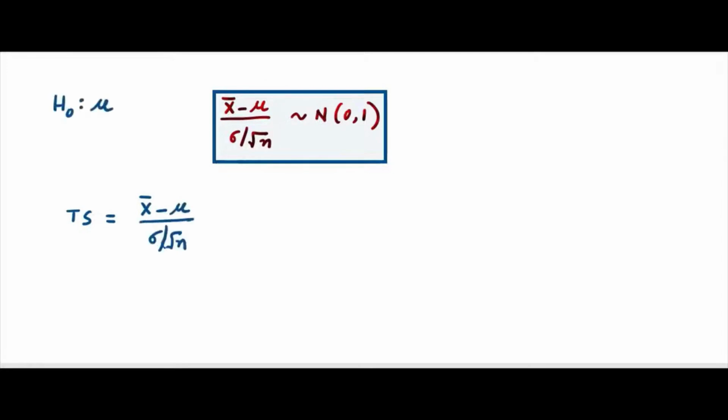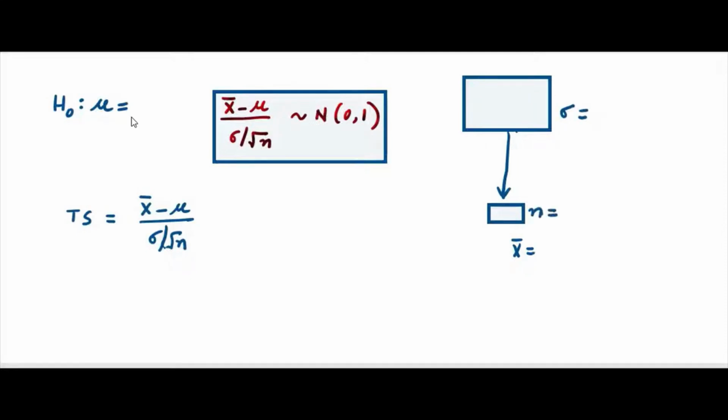We set mu, and this is our population, and we take our sample, and from the sample we find x bar. Suppose we know sigma as well, so we know sigma, we know the sample size, and we know x bar. If you put everything here, mu is the unknown, and we want to say something about mu.